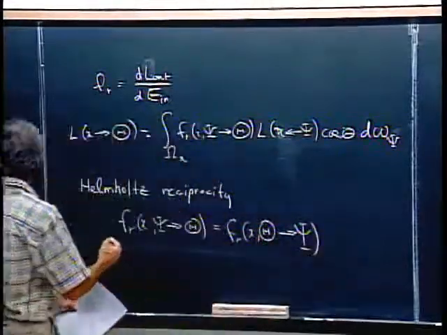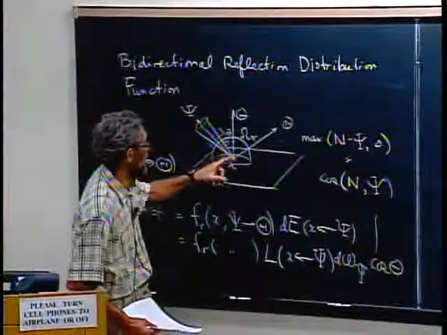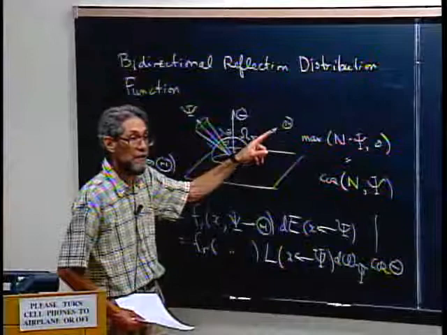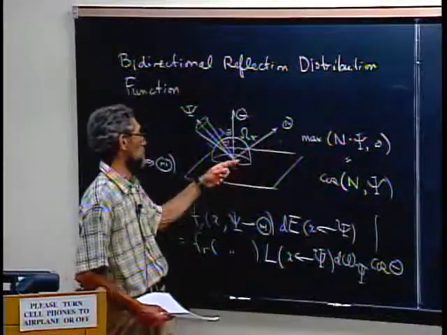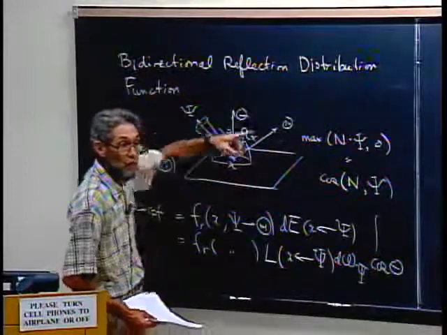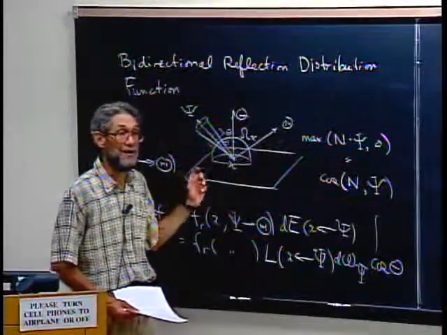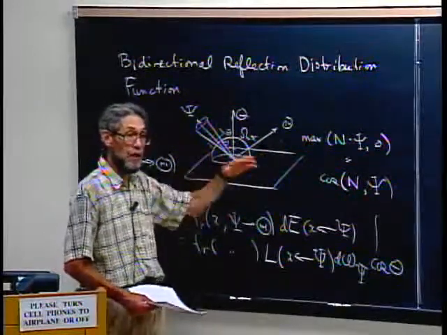So if we go back to our surface, there's a certain BRDF that says how much of this light is going this way. It's the same BRDF as if you sent the light in this way and asked how much went out that way. It sort of just says you can reverse the directions of photons, and they'll exactly track the same way in the other direction.